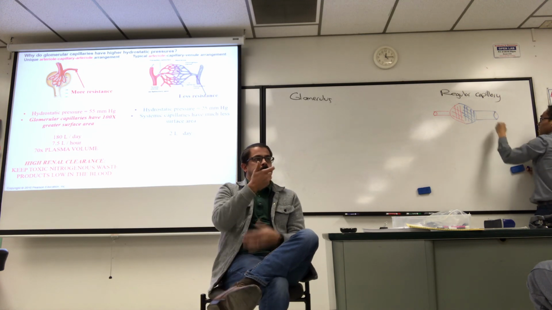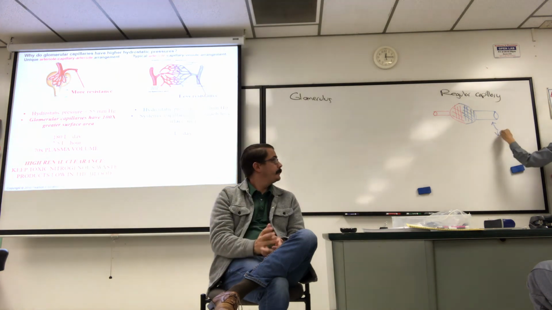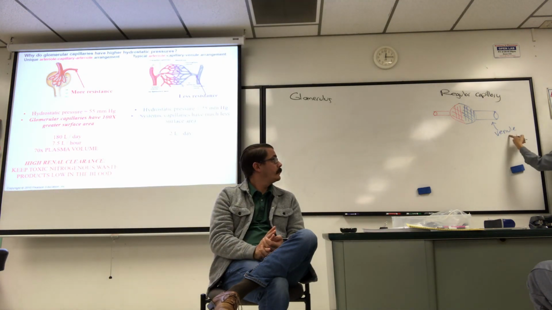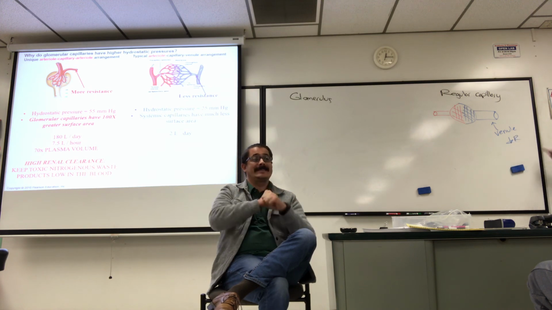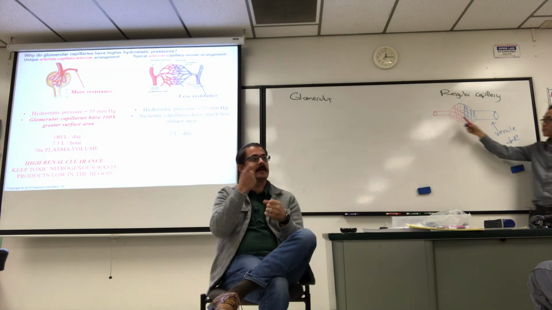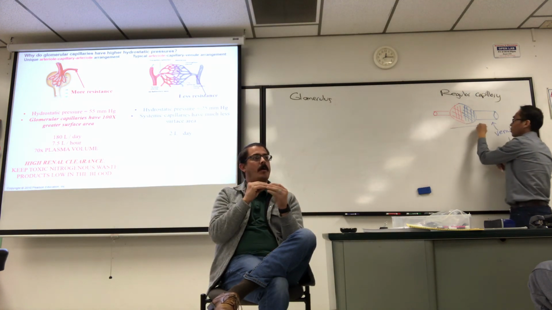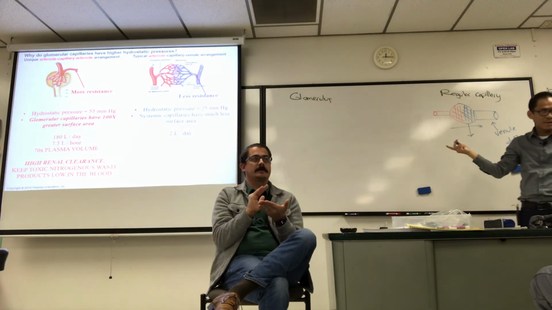Now veins tend to be larger in caliber, and a venule, which collects the blood, provides less resistance on the other end. Because there's less resistance, more blood tends to flow through, and you filter less in a regular capillary bed.